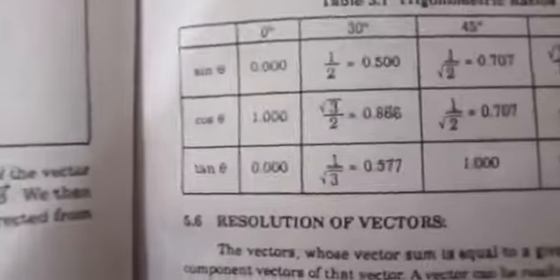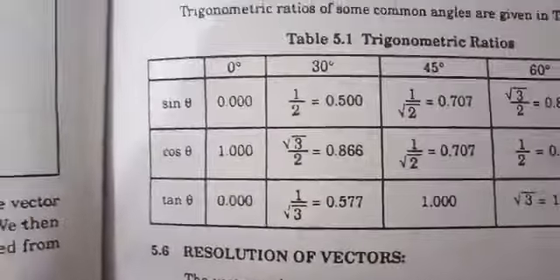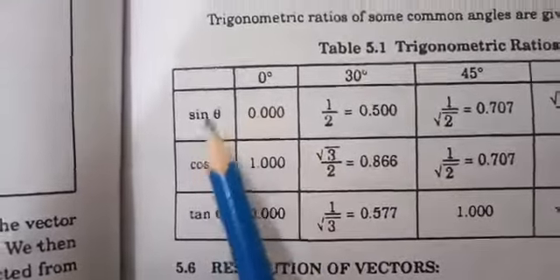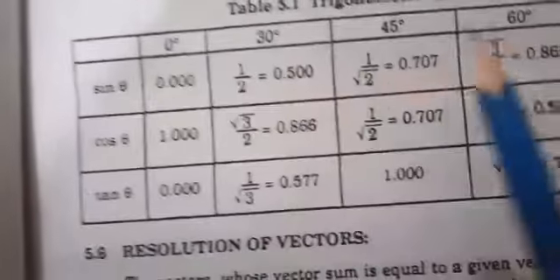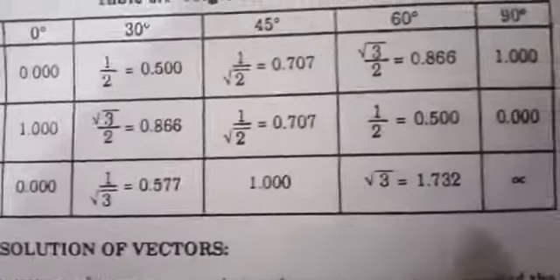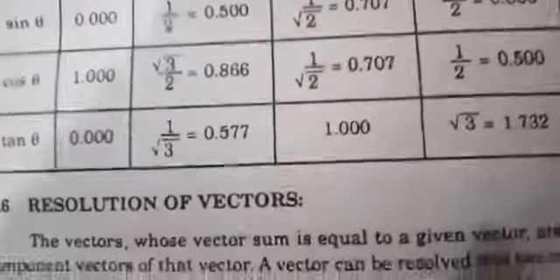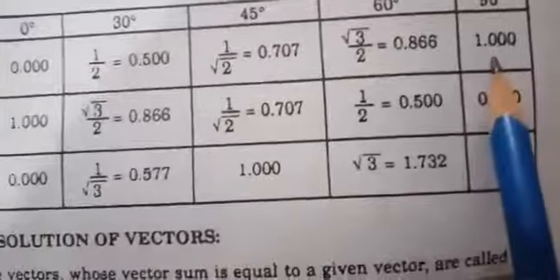See page number 77. You can see here the value of sin 90 is equal to 1.